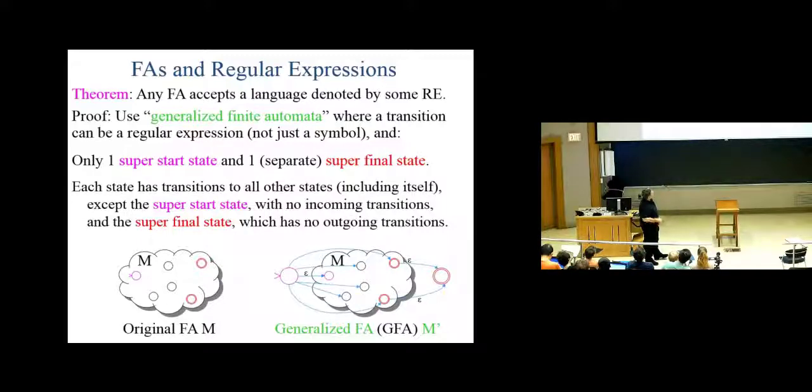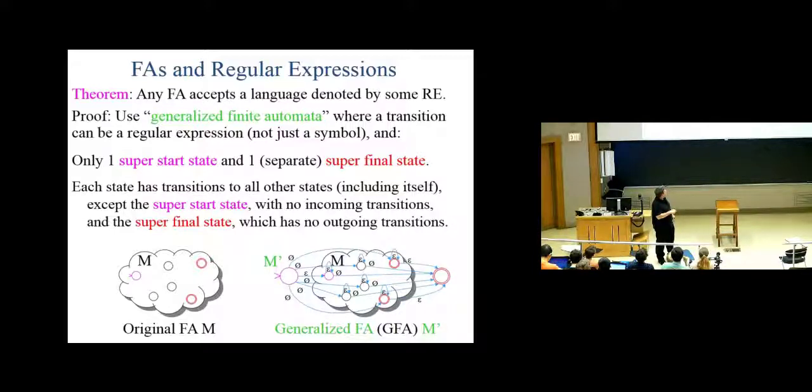The proof for converting a finite automata to a generalized regular expression entails first completing all the transitions that aren't there, with epsilon transitions from every state to itself and from every state to every other state that doesn't have a transition, with an empty set transition or empty language regular expression.